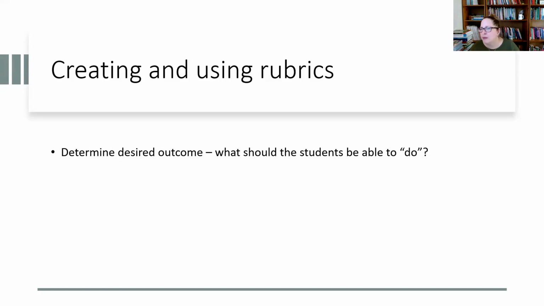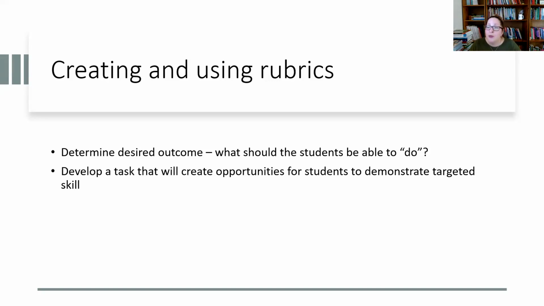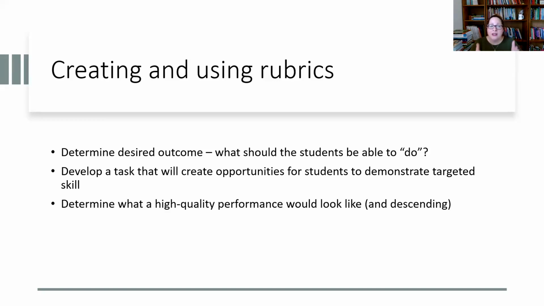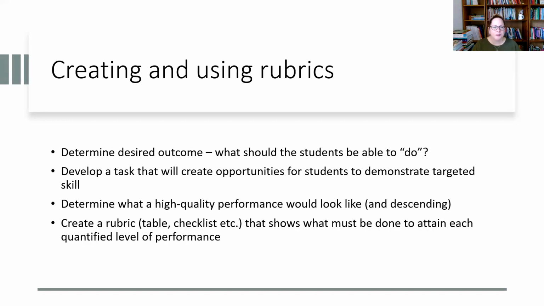So, write a one paragraph summary of the topic. Then we develop a task that will create opportunities for students to do that thing. We determine what a high quality performance would look like, and then moving down: what's excellent, what's good, what's adequate, what's insufficient. And we describe in one or two sentences what that would look like.